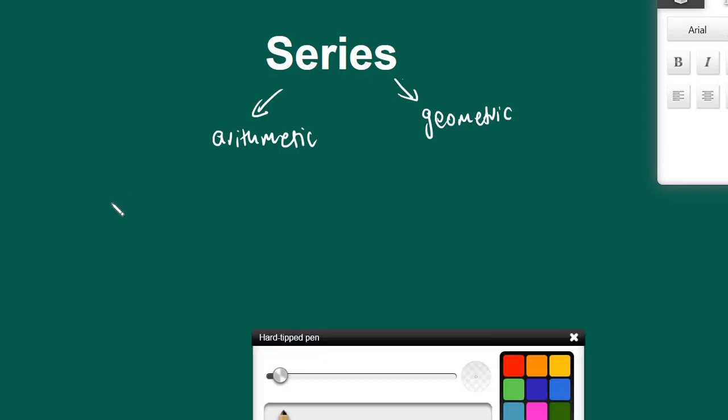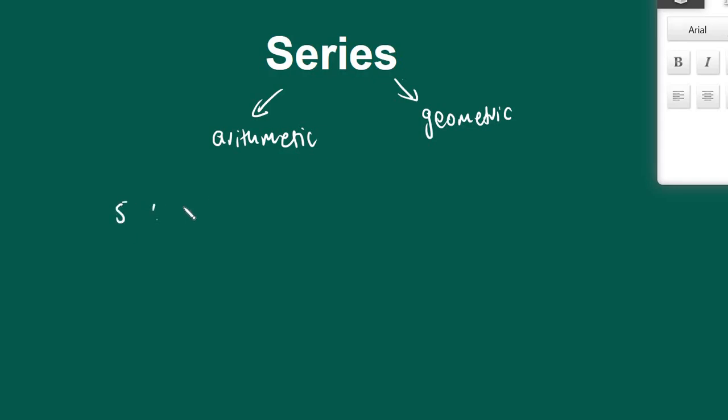So if I had 5, and then I had 7, and then I had 9, and so on, and then I decide I want to add those terms, I can write it like this: 5 plus 7 plus 9, and then plus until infinity.